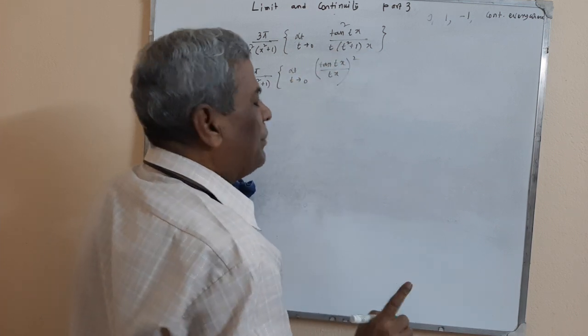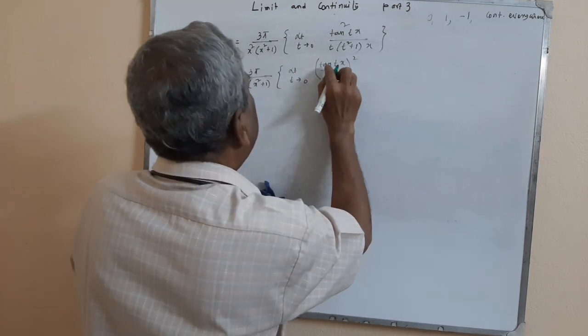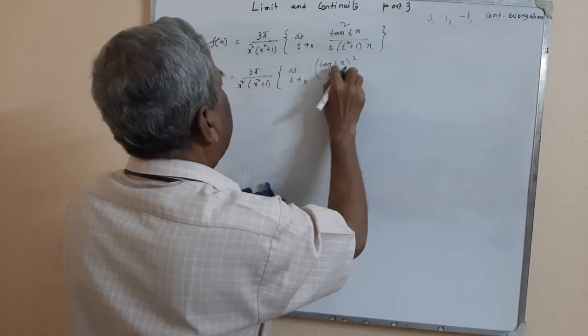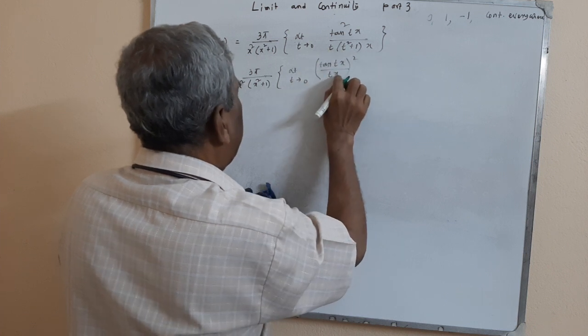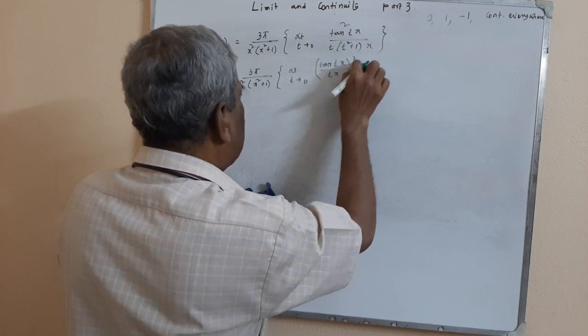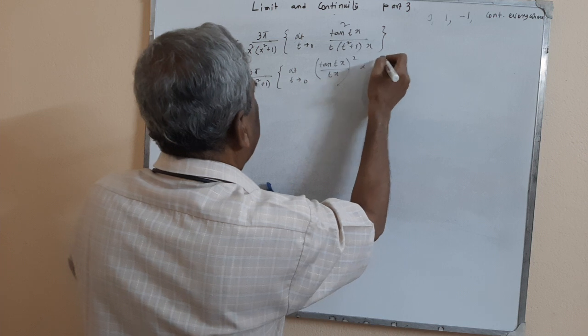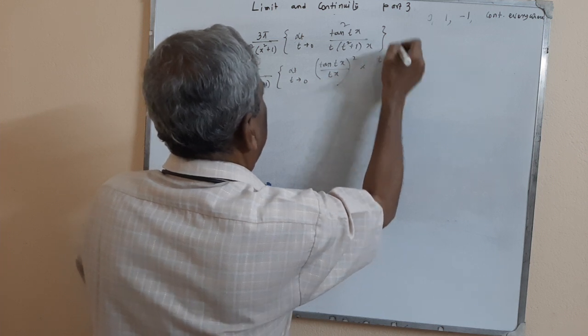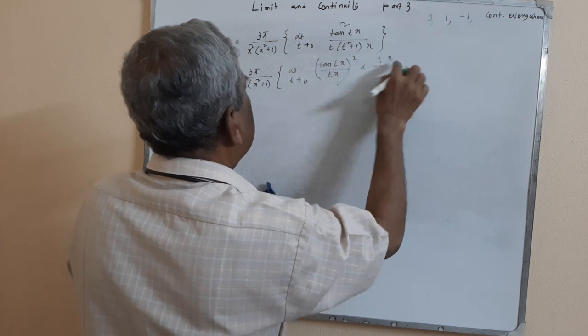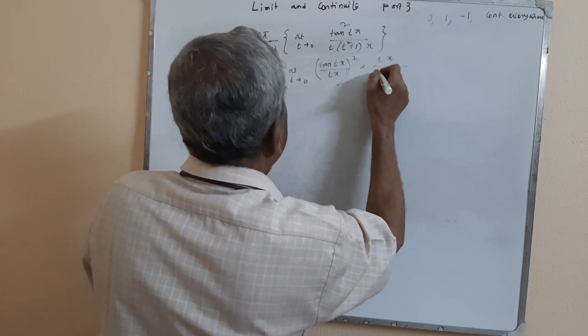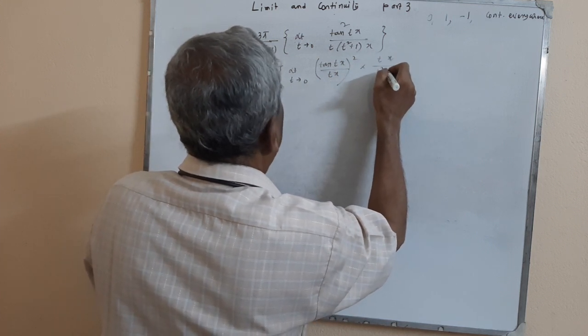Now we have to adjust it. Tan square tx already taken. Tx is there, but I have taken t square x square. So for adjustment, it is tx by tx, t square x square, then t square plus 1.